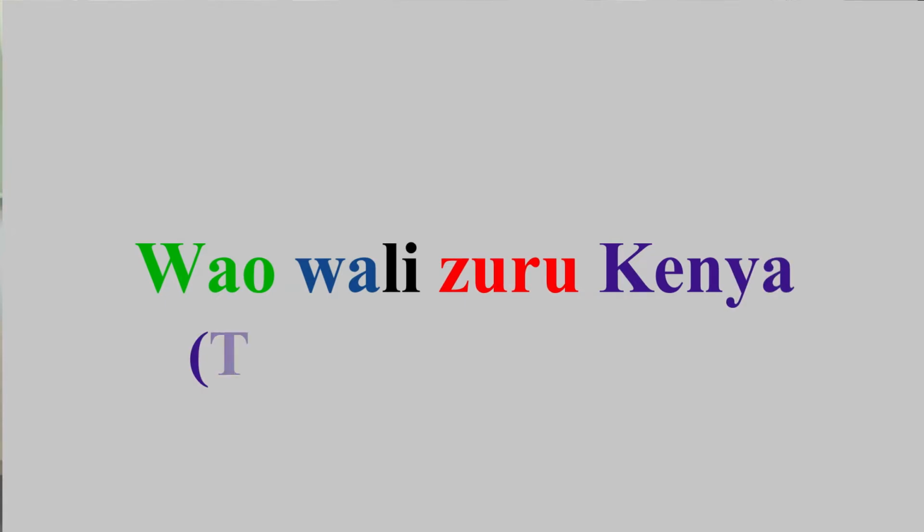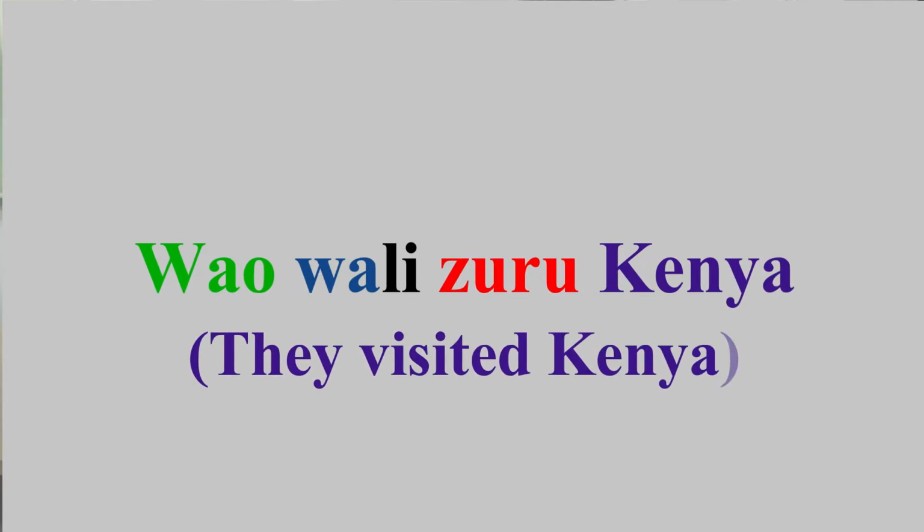Then we fix in our tenses, li, na, and ta. So how do we say this in a sentence? Wao walizuru Kenya. They visited Kenya. We don't know when they visited, but it passed. Zuru is visit. And then the beautiful country, Kenya.